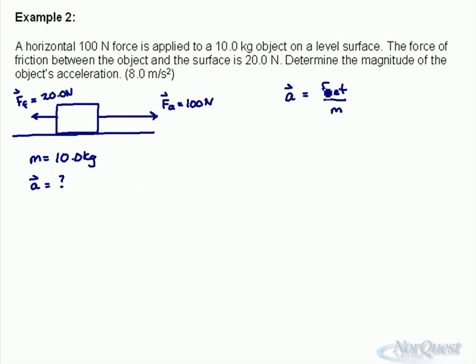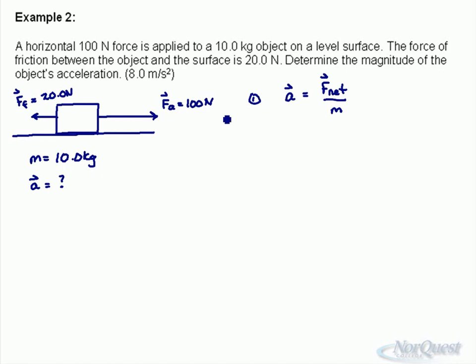We just finished using this formula. It's a very popular formula. So if we could figure out the net force, then we can divide it by mass and find the acceleration. Well, in this case, to find the net force, because these arrows are in opposite directions, we're going to subtract. Had the arrows been in the same direction, we would add to find the net force.